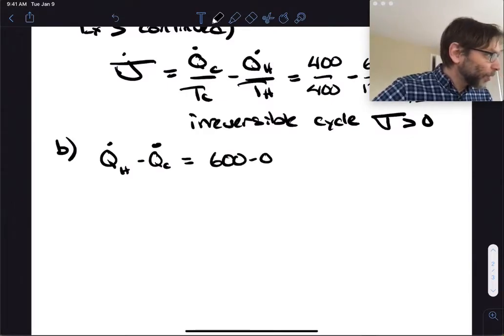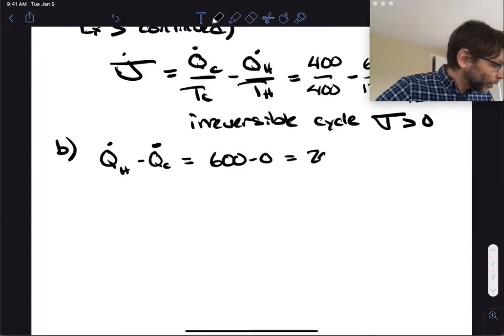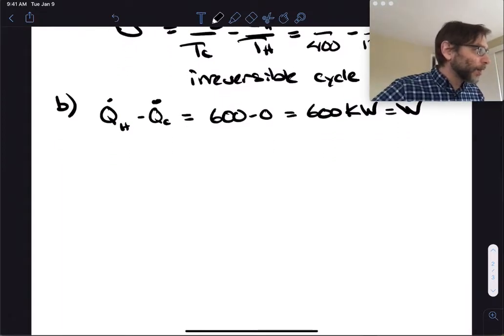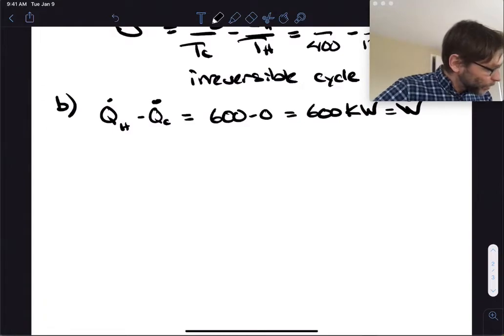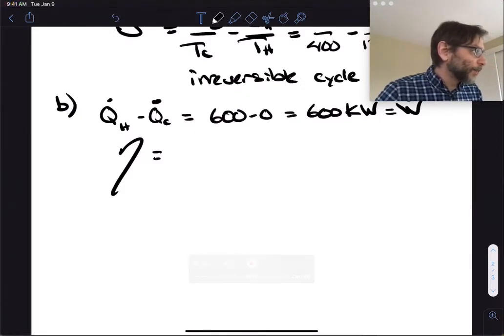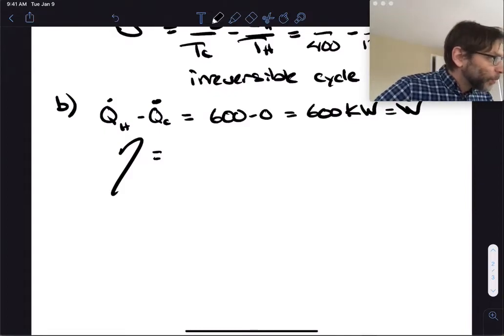600 minus 0 is equal to 600 kilowatts equals W dot. Okay, so the work equals a whopping 600 kilowatts, and the thermal efficiency is equal to work of the cycle over heat in, so the thermal efficiency is then equal to 1, so this is equal to 100%.